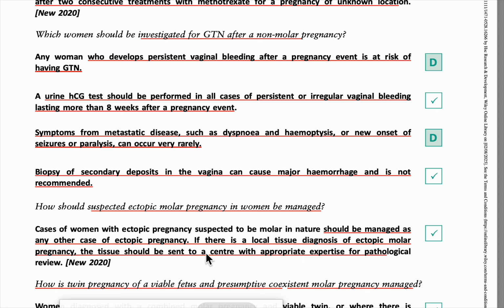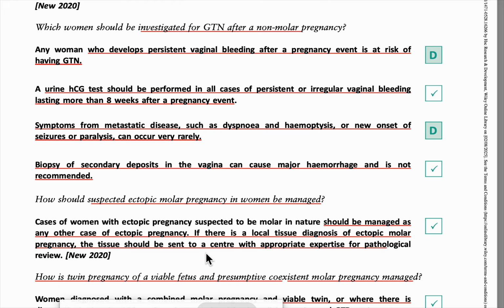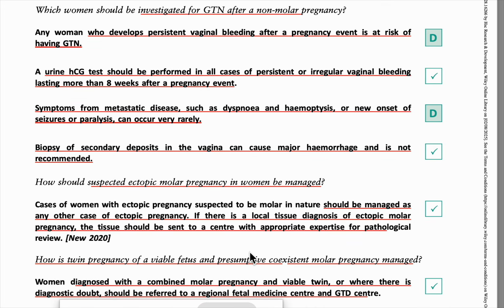We are not the ones to do anything for her. If we get tissue after removing the ectopic, but she still has GTN, we send that tissue for pathological review and refer her to the experts.